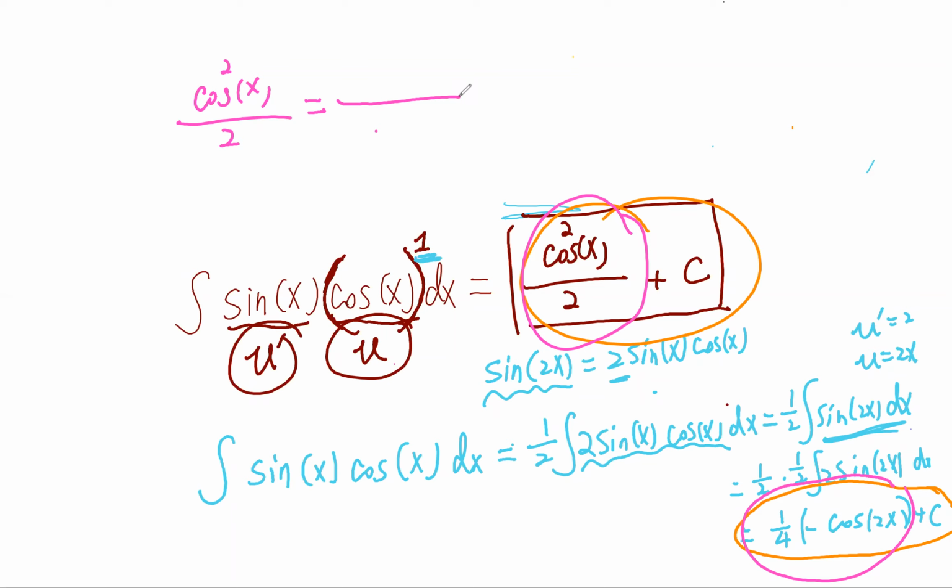One is going to be plus, one is going to be minus. I forgot which one we should have. 1 plus cosine 2x over 2. Okay, so that's going to be 1 plus cosine 2x over 2, over 2.